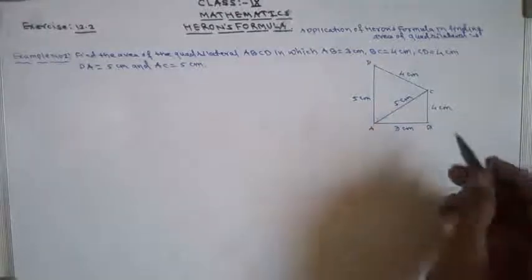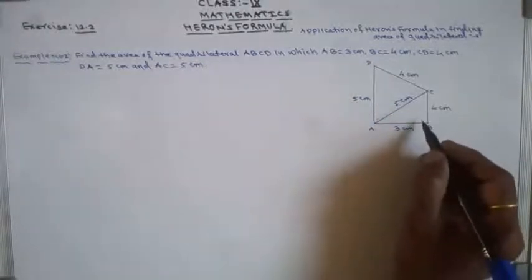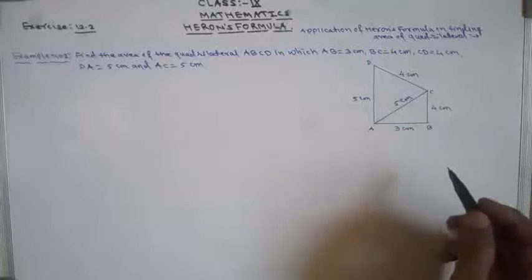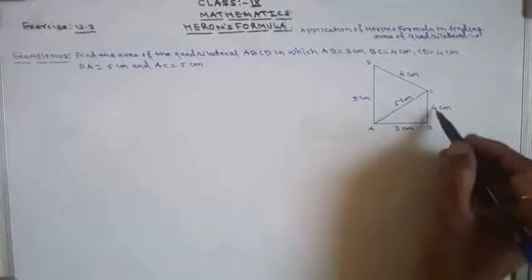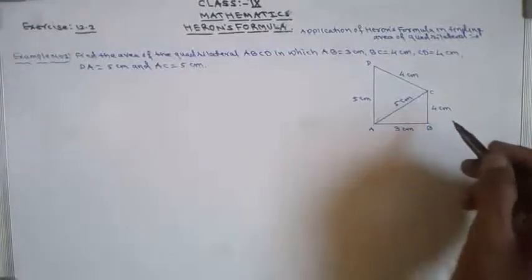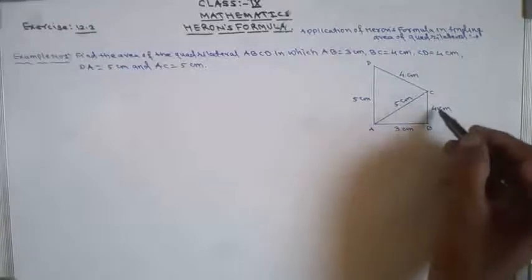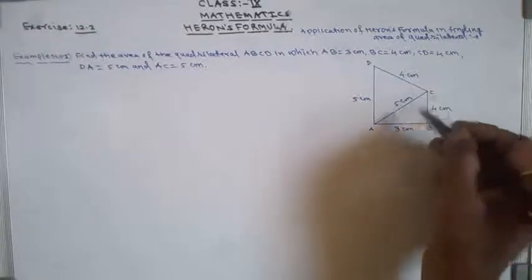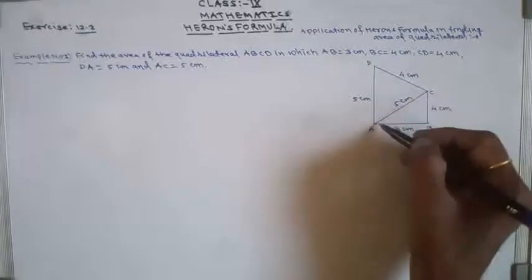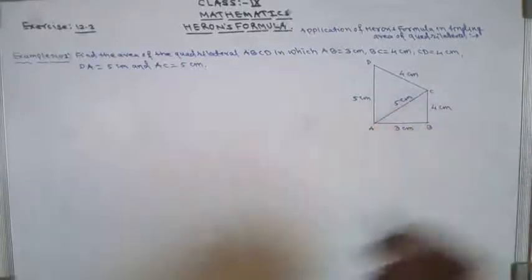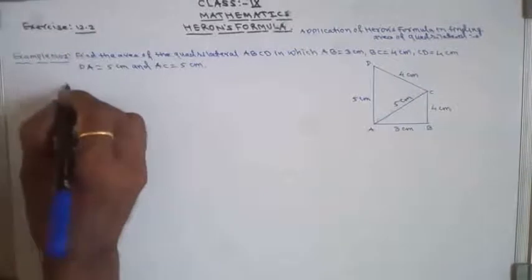He has not given whether triangle ABC is a right angle triangle or not. So by observing, you can see 3 square plus 4 square, that is 9 plus 16, that is 25. So the square root of 25 is 5. It means this is a right angle triangle. We can show it in triangle ABC.